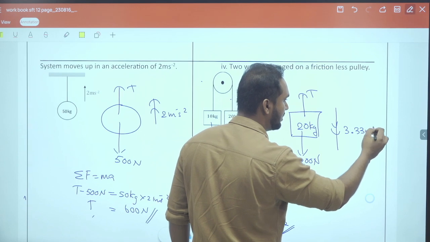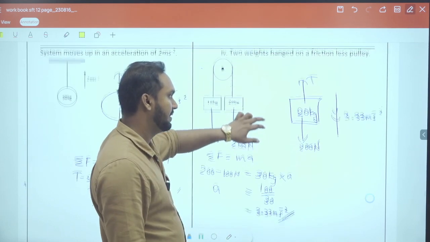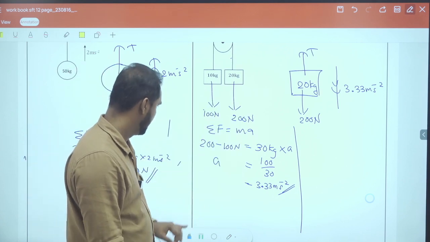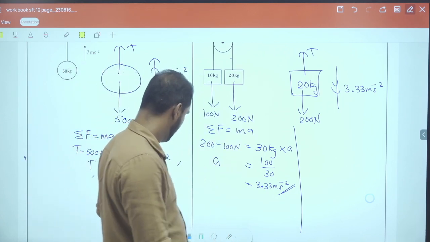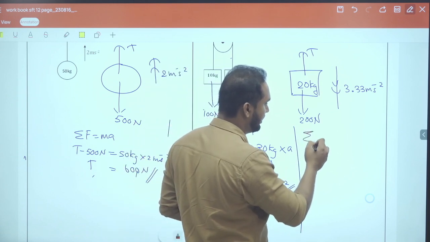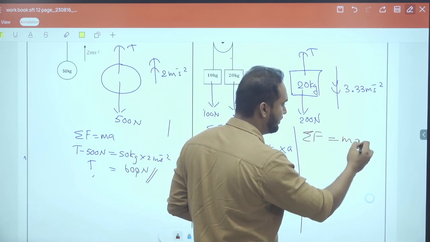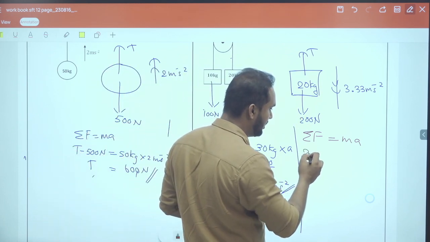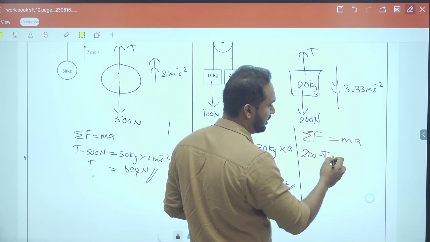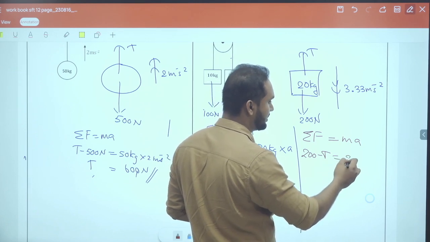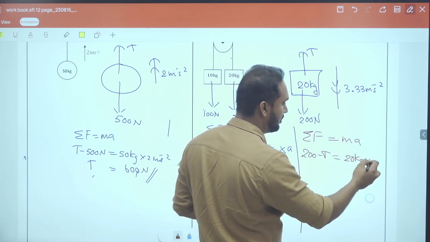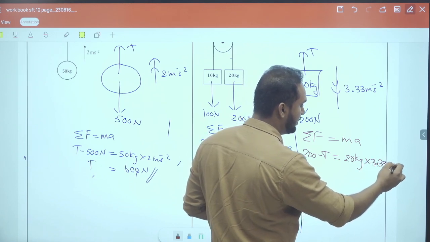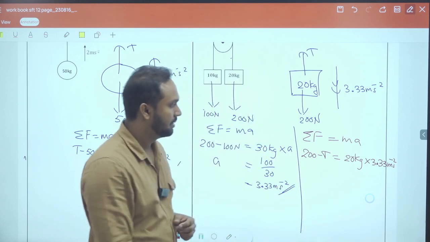3.33 m s minus 2. Now put sigma f equals ma to the isolated object. Tell me what are the sigma f? 200 minus T, right? 200 minus T equals mass into acceleration, 20 kilogram into 3.33 m s minus 2, right?